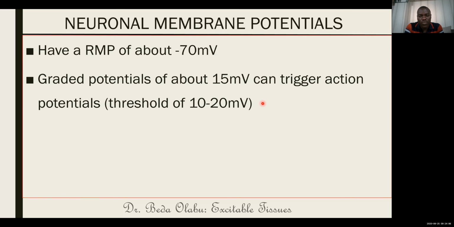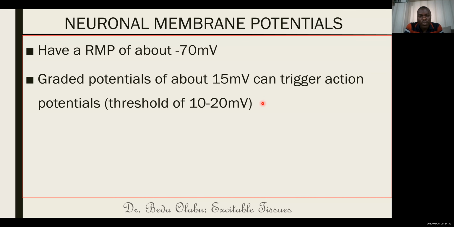The threshold for initiating action potentials in neurons is 15 millivolts plus or minus 5. So it will vary. So maybe what we can say with confidence here is that disturbances of less than 10 millivolts will not generate action potentials.